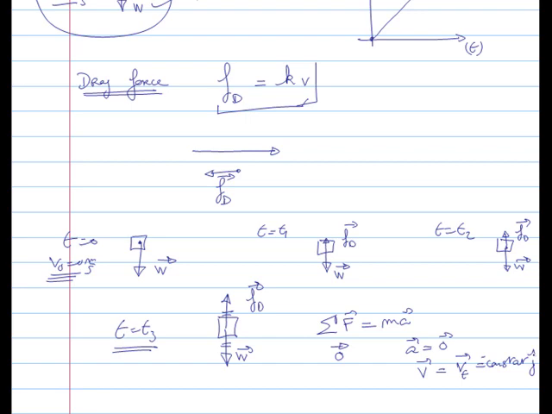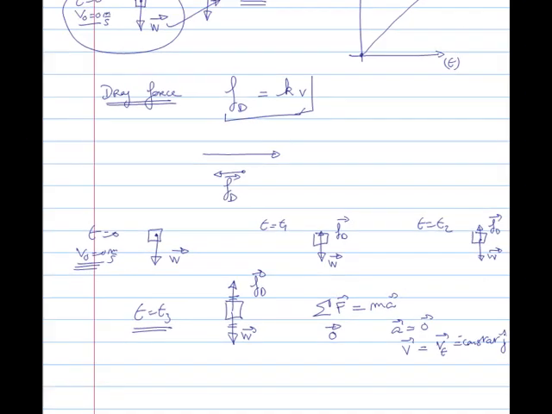So now we're dealing with a case where we start at v equal to 0, we let it drop, and the only force acting on it is the weight. As the object starts to pick up some velocity, the magnitude of the drag force would increase. Since this object keeps being accelerated, the velocity will increase even more.